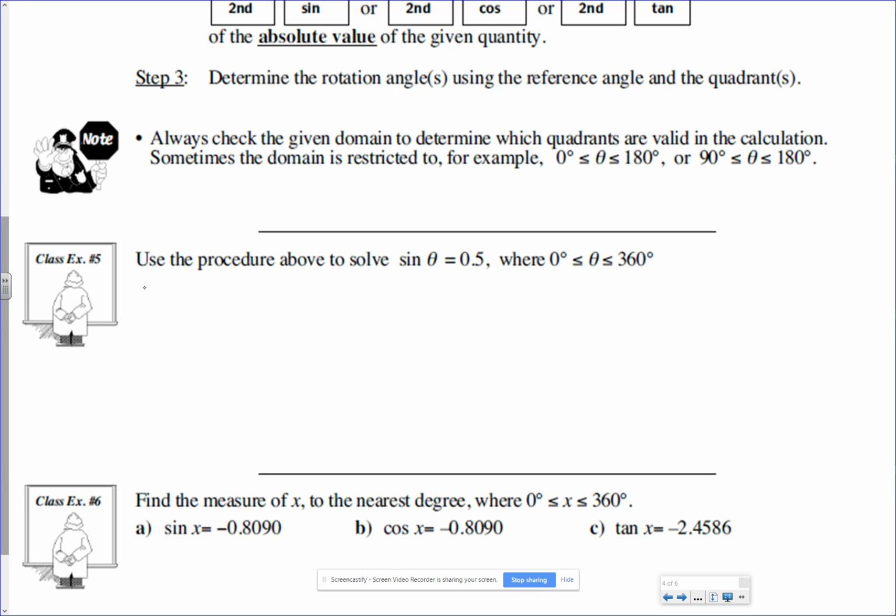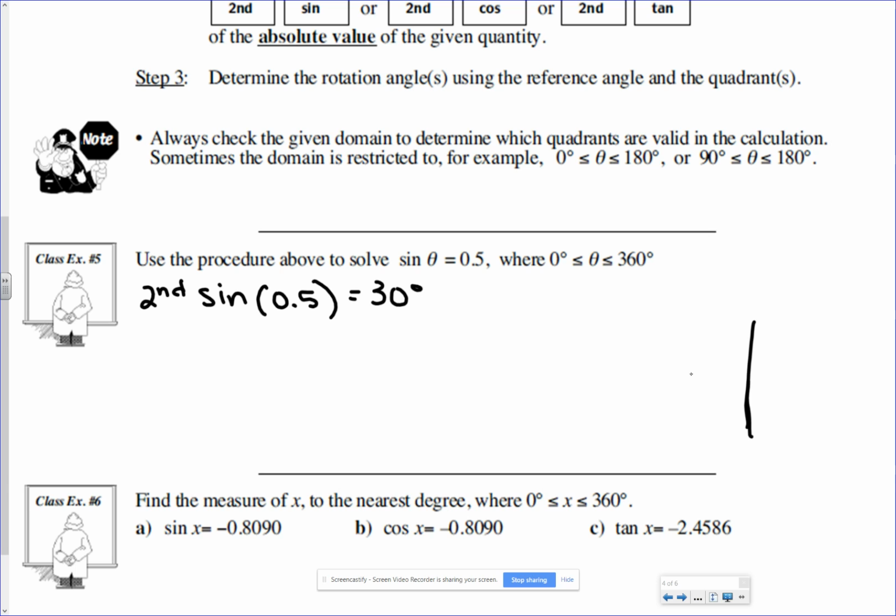So to find the angle here, I'd have second sine of 0.5, and second sine of 0.5 gives me an angle of 30 degrees. So that's only one possible answer here, an angle of 30 degrees.